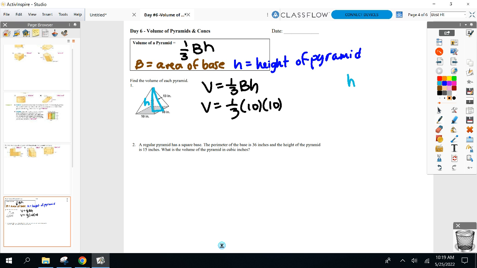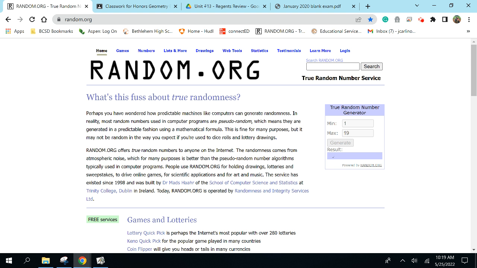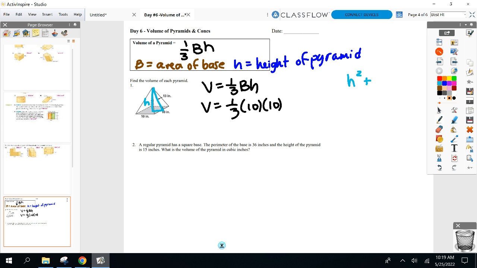All right, so h squared plus, somebody finish the rest of Pythag for me. What's this other leg here? Going to be how long? 5. Good, half the base. We assume half the base equals, and there's my slant height. Go ahead, height of the pyramid here.